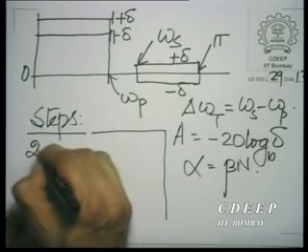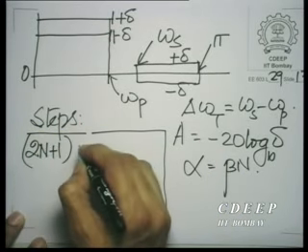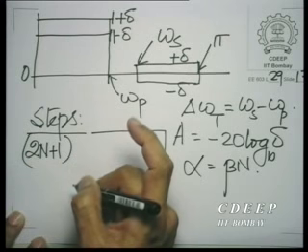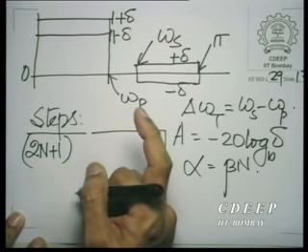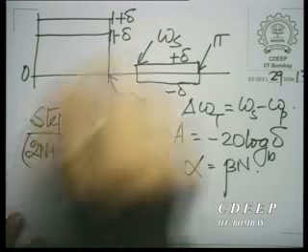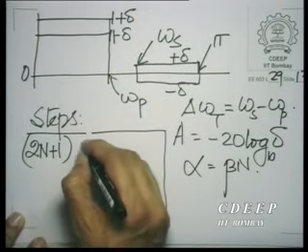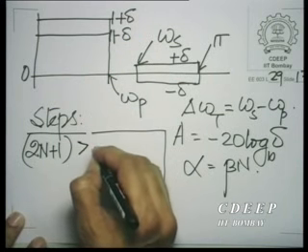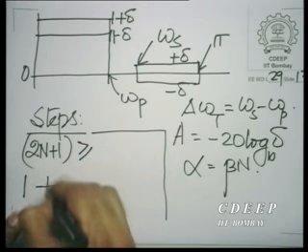So n is chosen according to 2n plus 1, that is essentially the window. Now I am talking about an odd length window here. So if you want to design even length, then you can just choose one more or one less. After all, these are all empirical expressions. So 2n plus 1 is greater than or equal to 1 plus A, over 2.285 delta omega t.